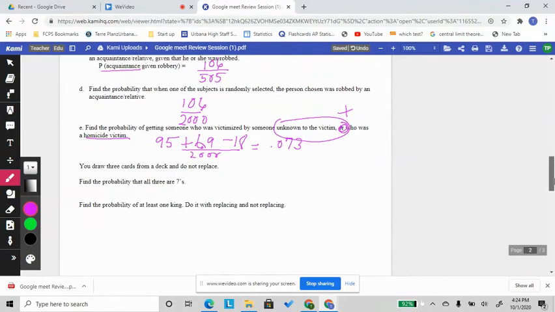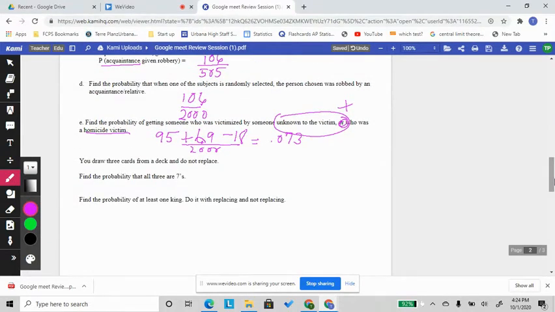All right, you're going to draw 3 cards from a deck of cards and not replace. So make sure you know the deck of cards. Here we go. Find the probability that all 3 are 7s. We're not replacing. So we're going to pull the first card and then the second and then the third. You hear the and? That tells me I'm going to multiply. First and then and then.